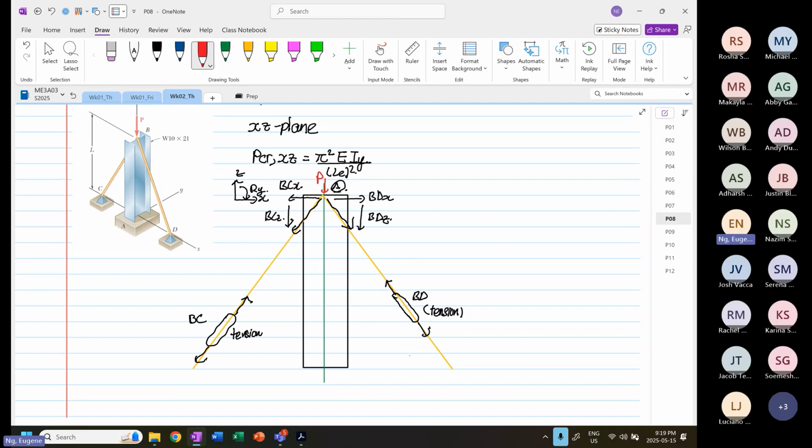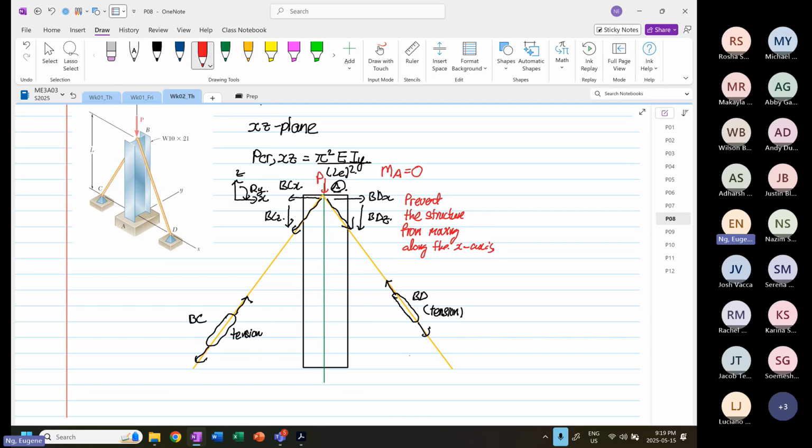However, BDZ and BCZ are preventing the structure from moving along the what? X-axis. Okay. So for this case, at point A, M at point A is equal to 0.